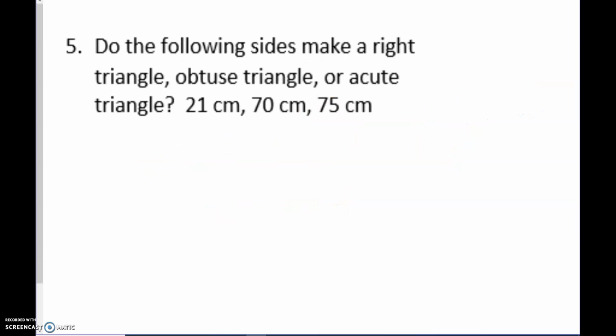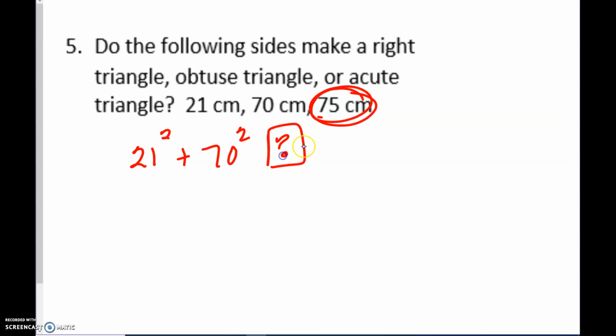All right, number 5, same directions. Let's see, 21, 70, 75 is my biggest. So 21 squared plus 70 squared: is that equal to 75 squared? 21 squared plus 70 squared is 5,341, and 75 squared is 5,625.